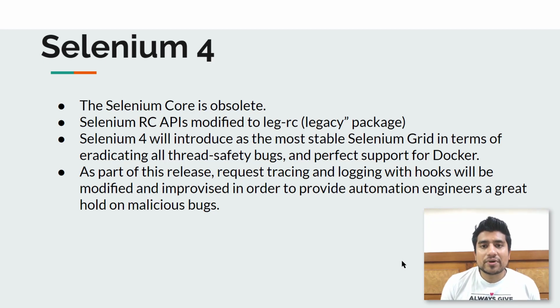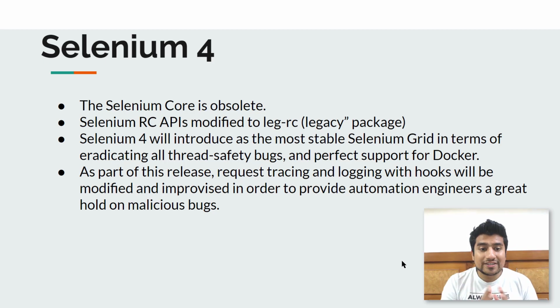Right now most people have switched from the normal Selenium Grid towards the Docker Selenium Grid. So what we needed was thread safety work, and that is going to be removed, and we have a better Selenium Grid available with the 4 version.